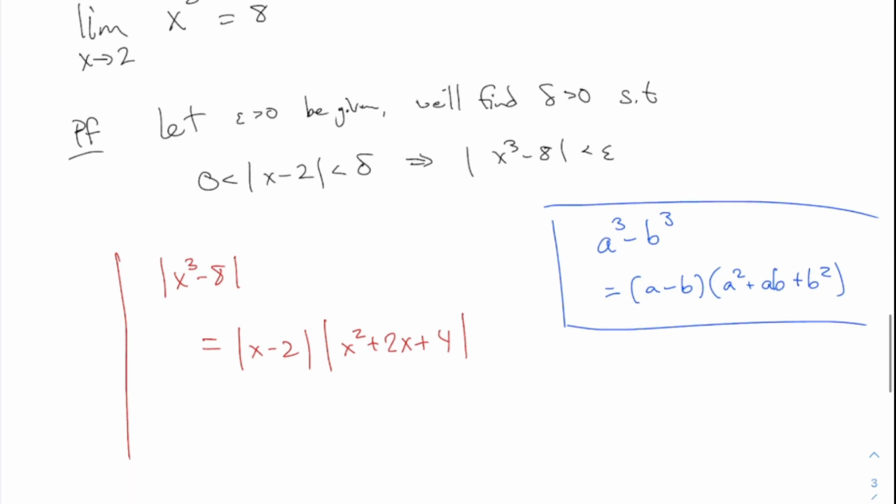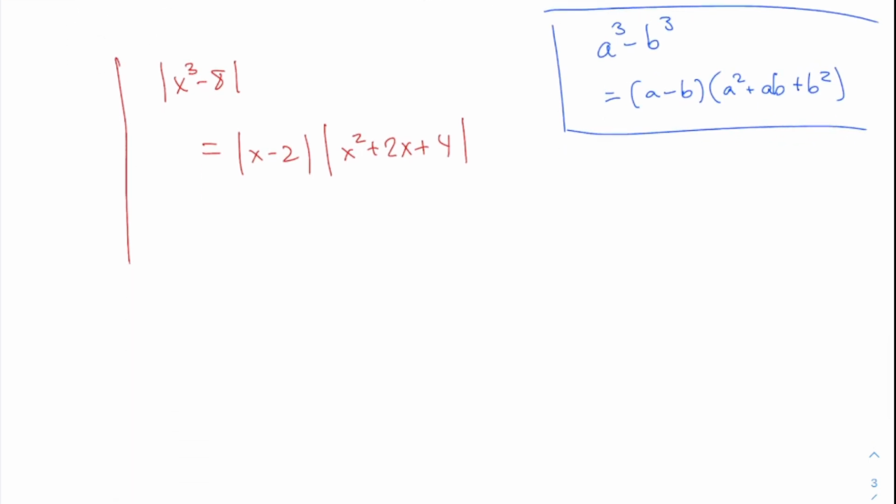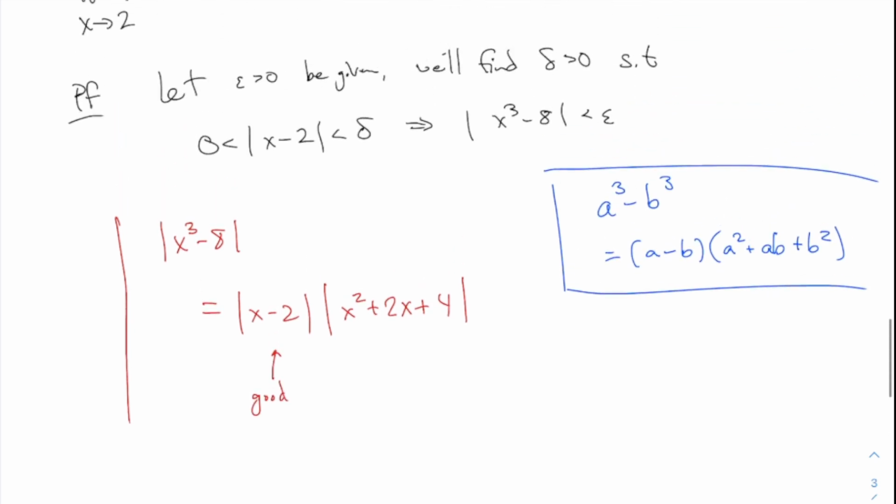Okay, anyway, can we continue from here? Now, we're still not totally good at this point. I feel good about this part, because I'm trying to end up with x minus 2 in absolute value. So that part I like. It's the rest of it here I have to deal with somehow.